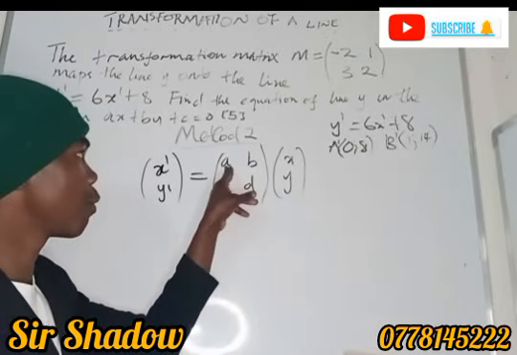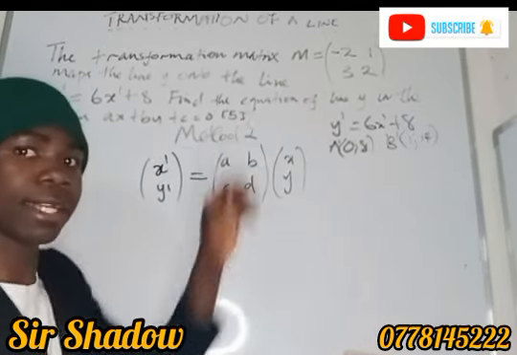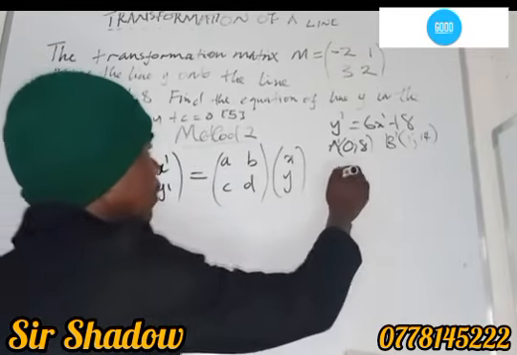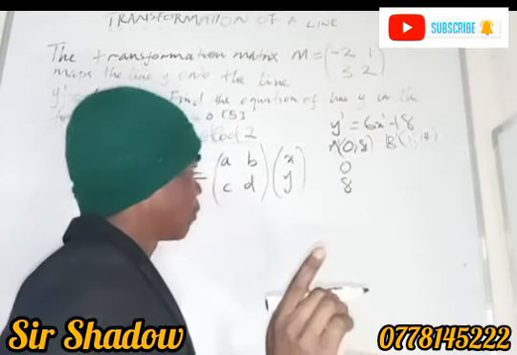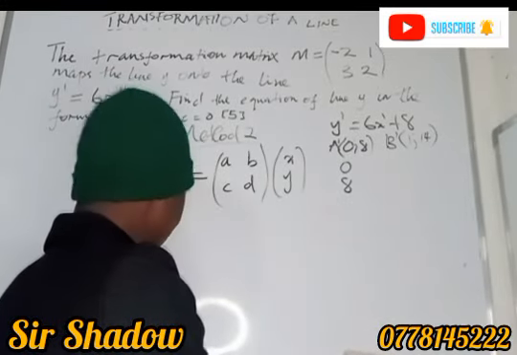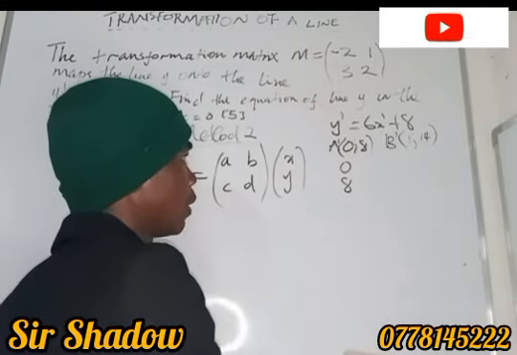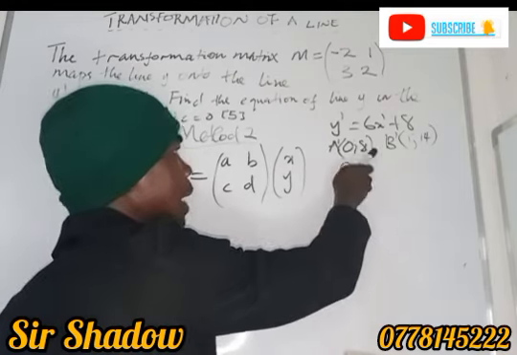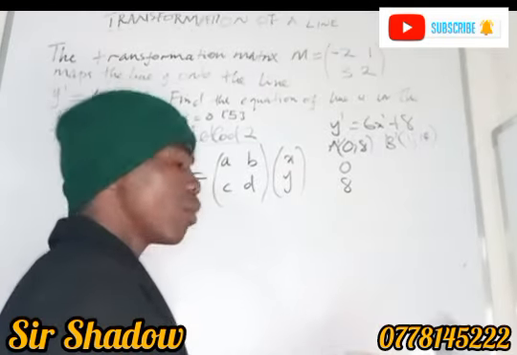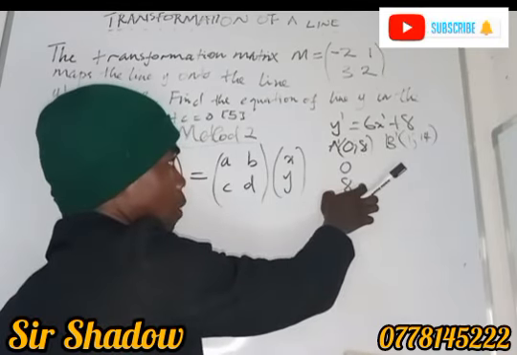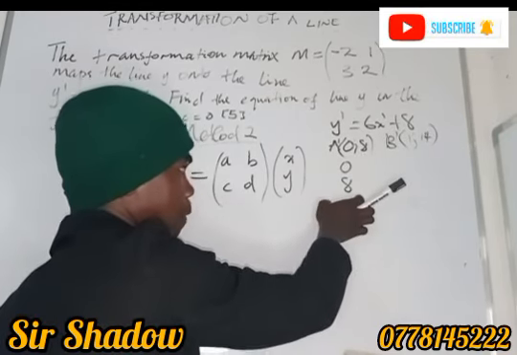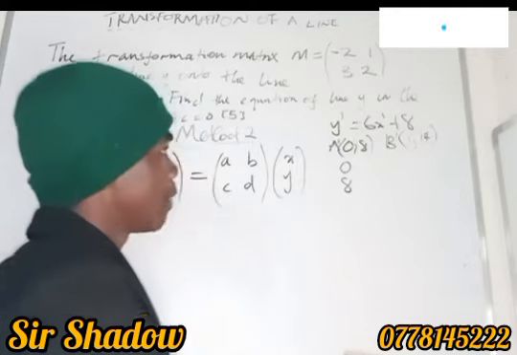And also substitute the values of A, B, C, and D represented by the matrix M. Here we have (0, 8). Since the coordinates can be written in coordinate form, they can also be written in vector form, like this one: 0, 8 vertically.